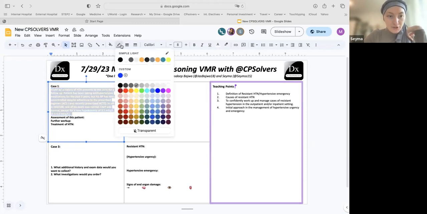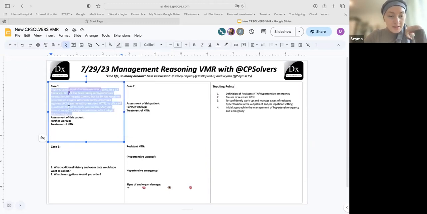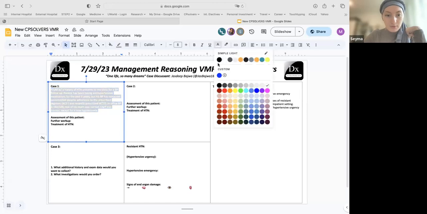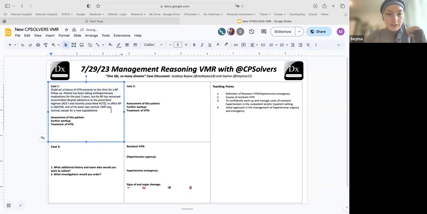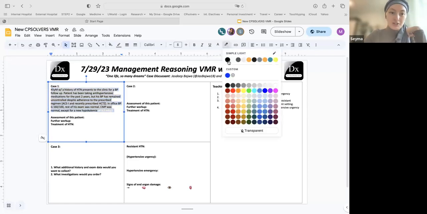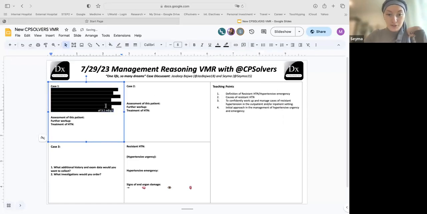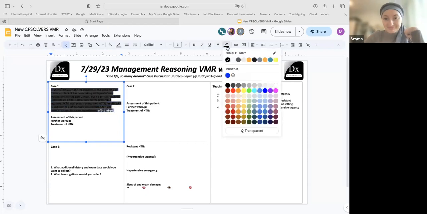In office, blood pressure is 160 over 100, and the rest of his exam was normal. The basic metabolic panel was normal, except for a hypokalemia of 3.1. What is your assessment of this patient, what further workup would you do, and how would you treat this patient's hypertension?